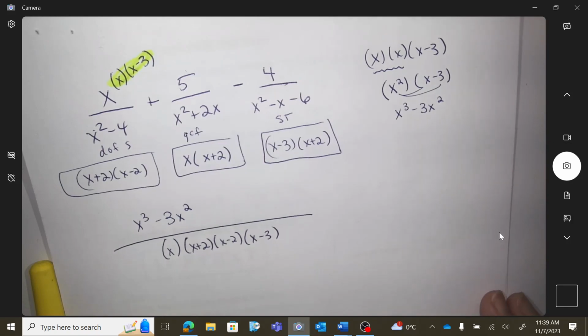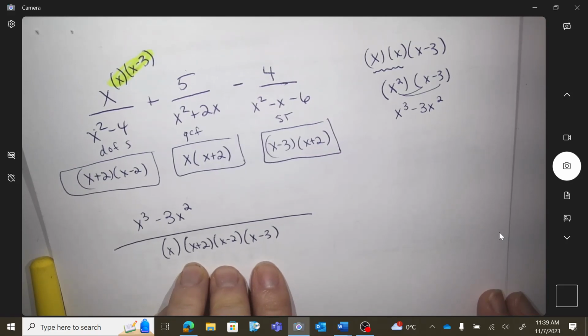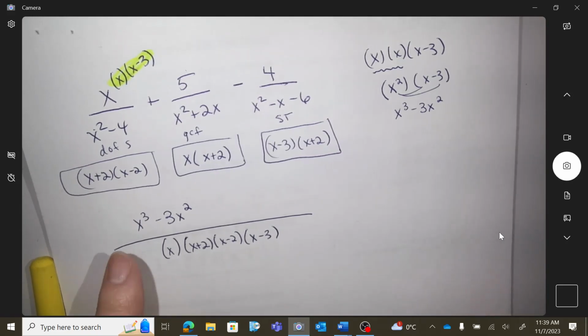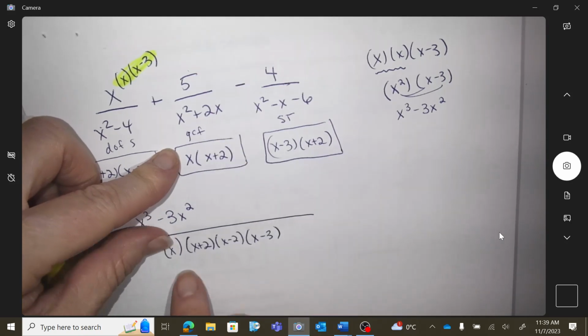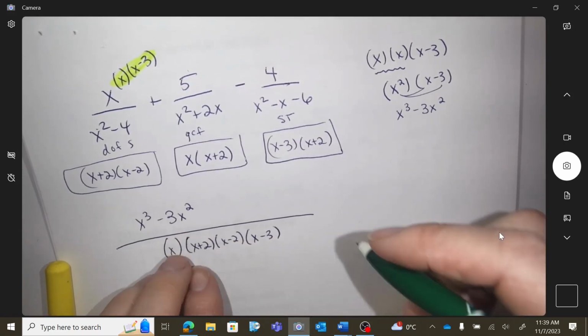Okay, ready for the second fraction? Look at its bottom, look at the next bottom. What's missing here? So the x was there, the x plus 2 is there, so we also will have to make sure we include this and this. That's what happened to it.